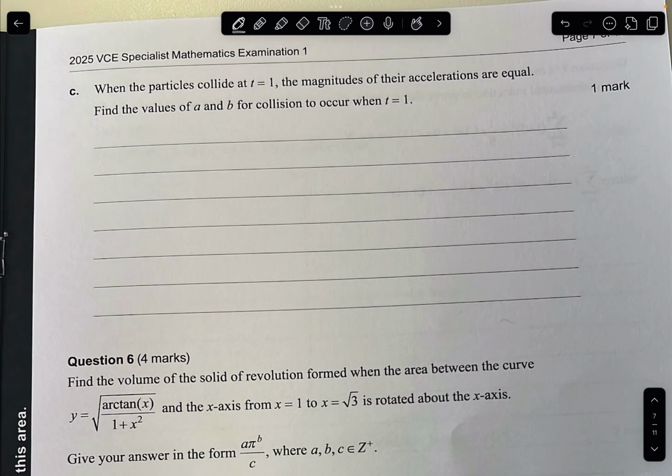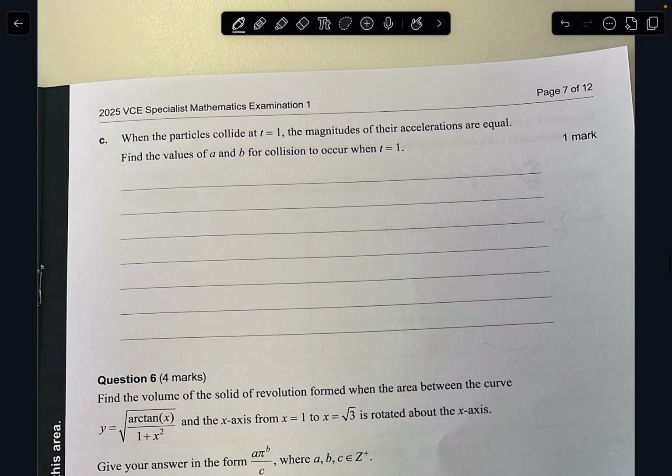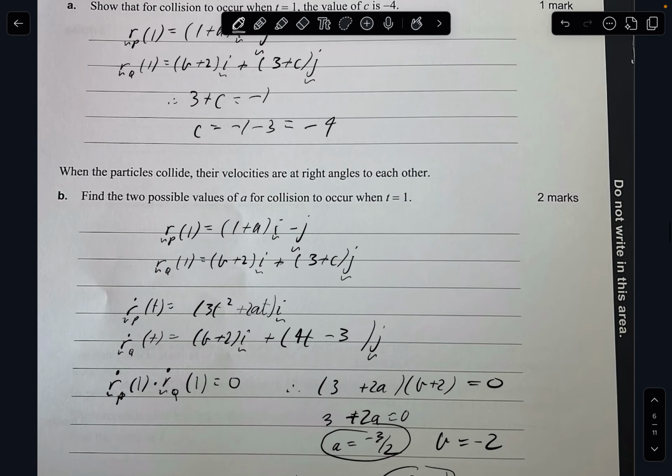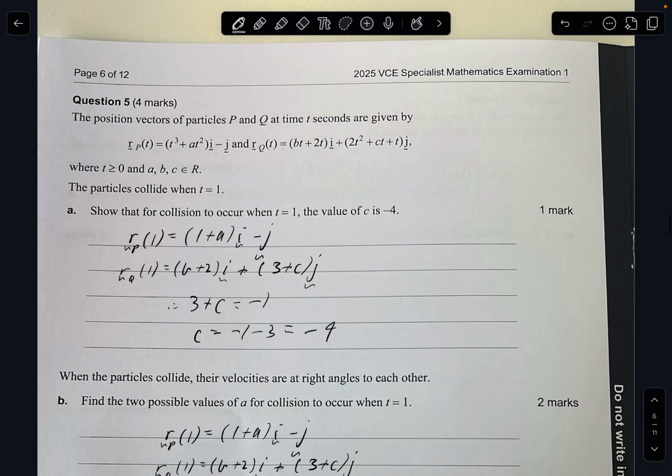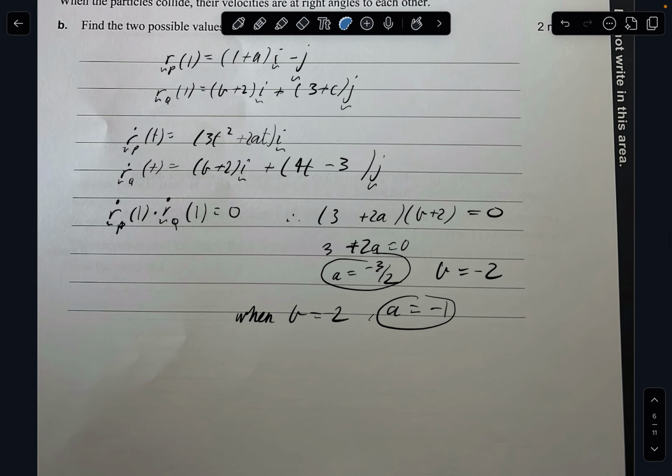When the particles collide at t equals 1, the magnitudes of their accelerations are equal. Find the values of a and b for the collision to occur when t equals 1. So for the acceleration, I've got the derivatives.